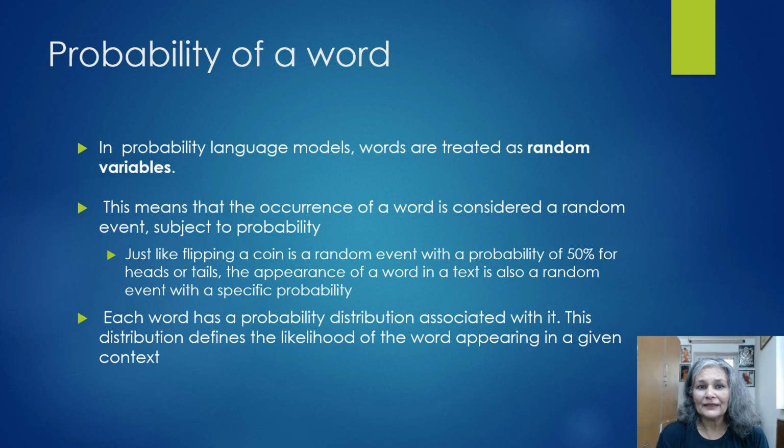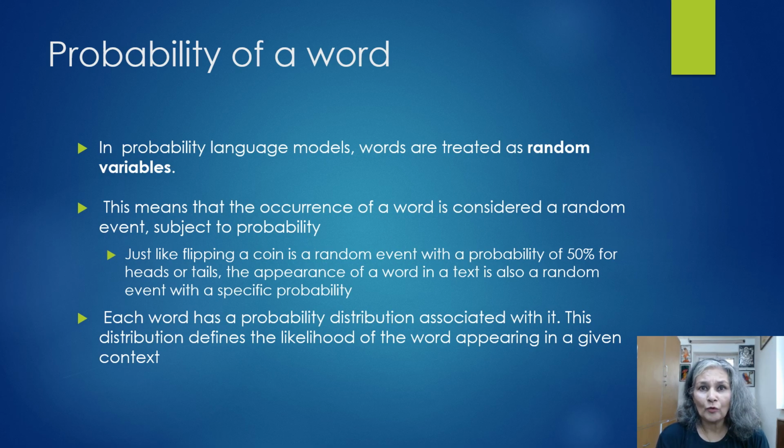In probability language models, words are now treated as random variables. So this means that the occurrence of a word is considered to be a random event which is subject to probability. Just like when you flip a coin, flipping a coin is a random event.